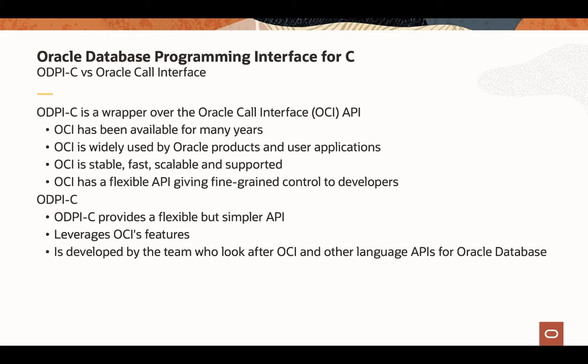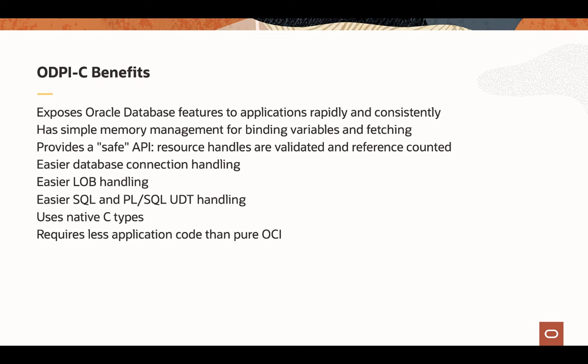ODPI-C is a little simpler, has a lot of extra functionality on top to make life easier for you. It exposes all of the database features that you want, but does things like resource management, wraps things like lobs, so it makes working with lobs easier, does a lot with connection management to make sure the connections are available when you want them to be.